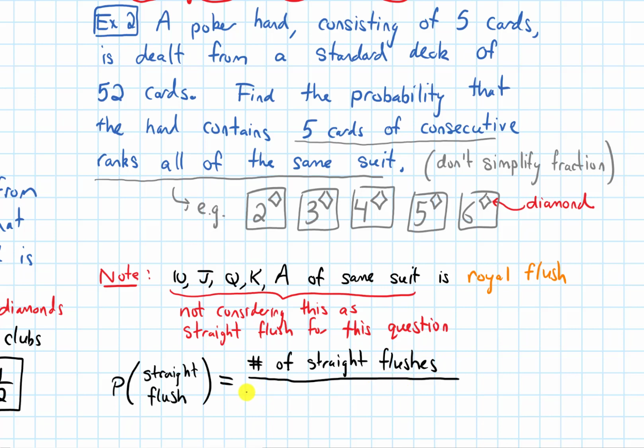And on the bottom, we have the total number of outcomes. In this problem, the different outcomes are the different sets of poker hands, the 5 card hands that we could be dealt. So the denominator is the total number of poker hands.